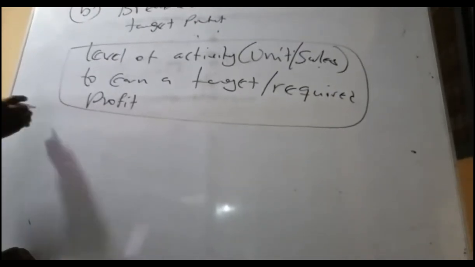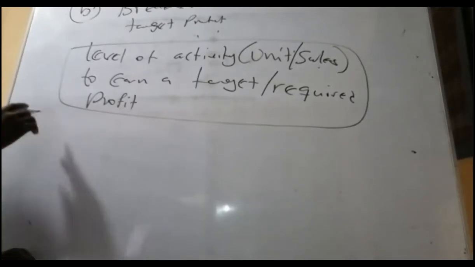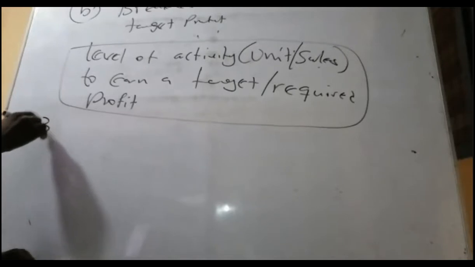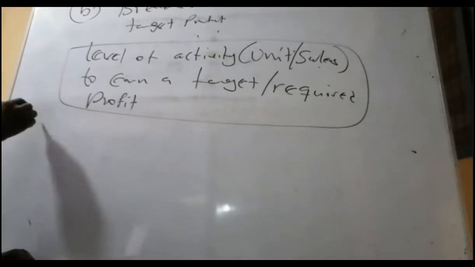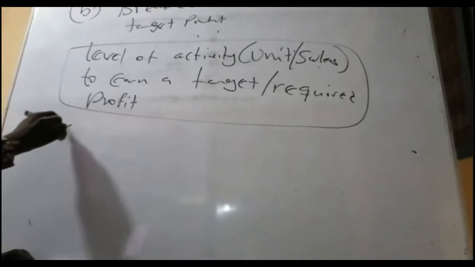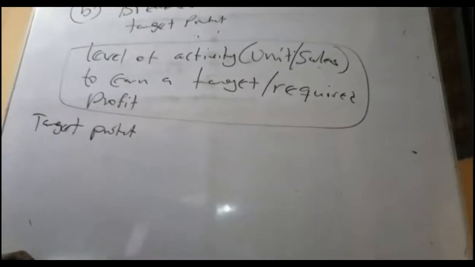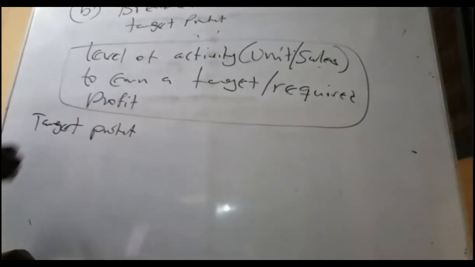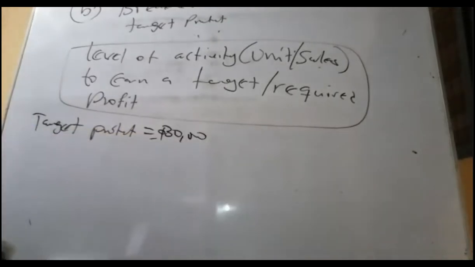Let us assume the company wants to achieve a target profit of 30,000 cedis. So let's assume that target profit is 30,000. Target profit or desired profit is equal to 30,000. How do you determine the units?